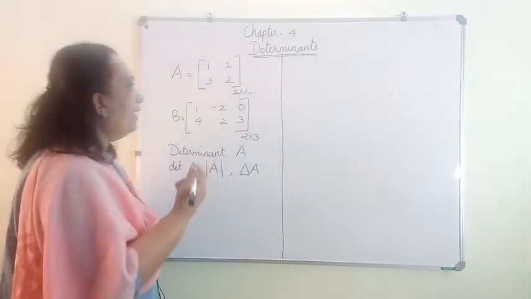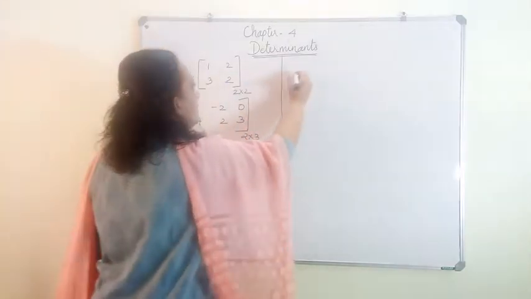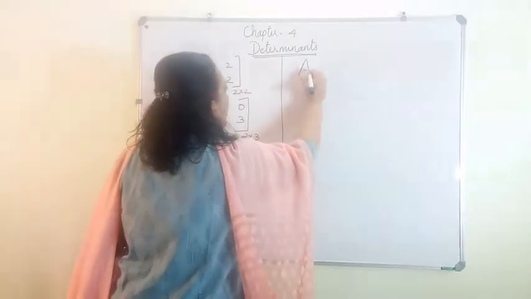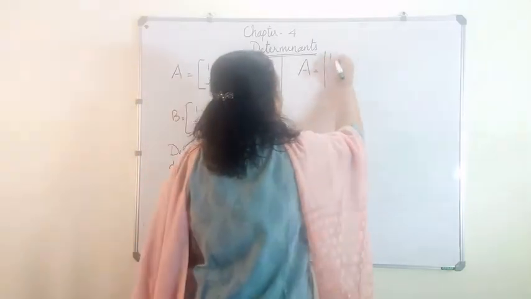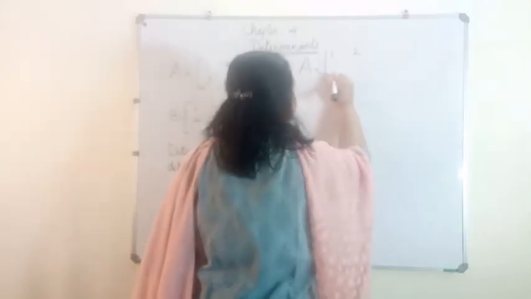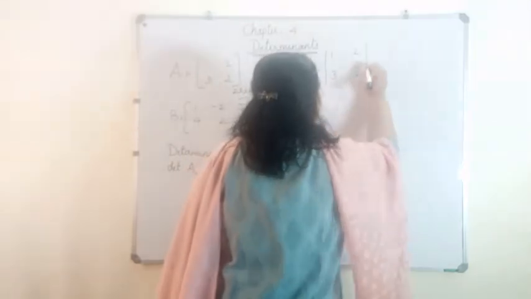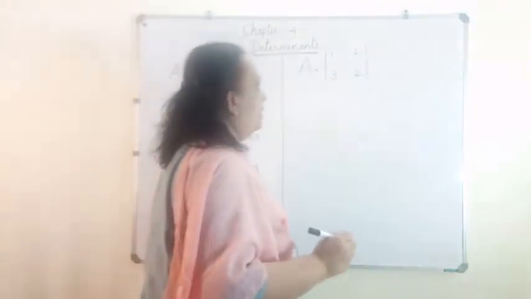What will be the finite value? So, I am going to consider determinant of A is equal to, you will write it as determinant 1, 2, 3, 2. What is the value of this determinant?